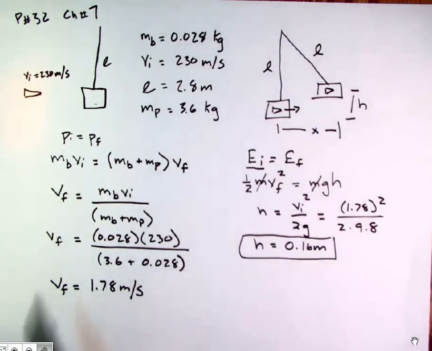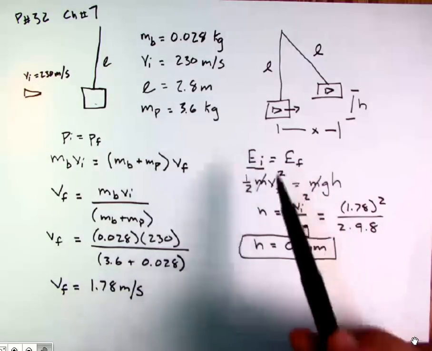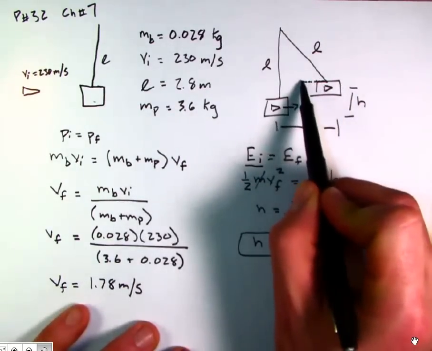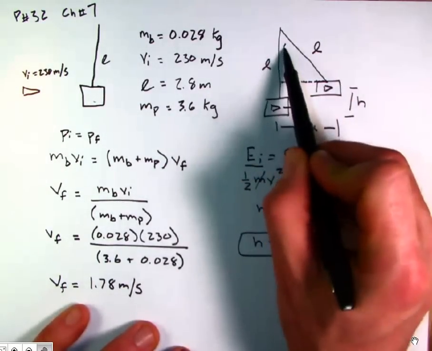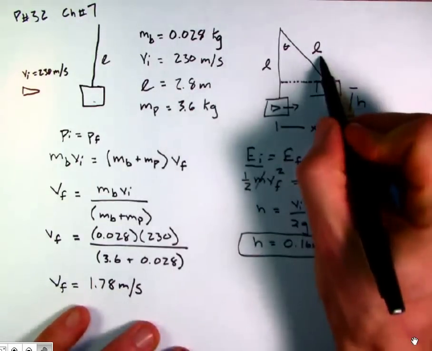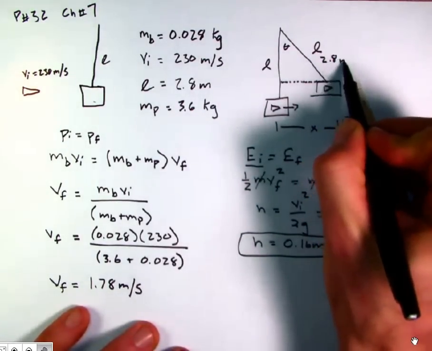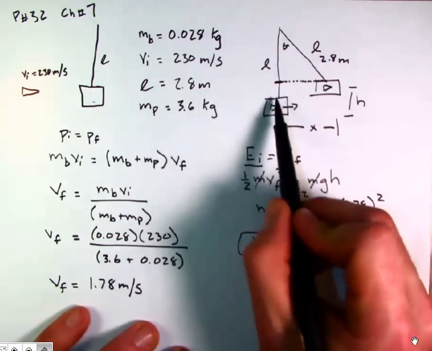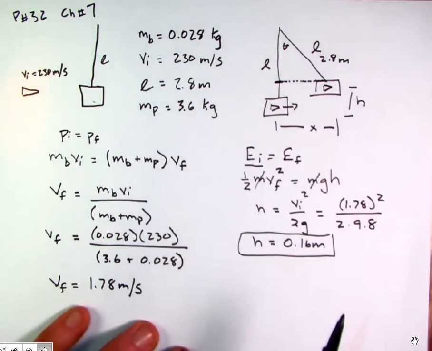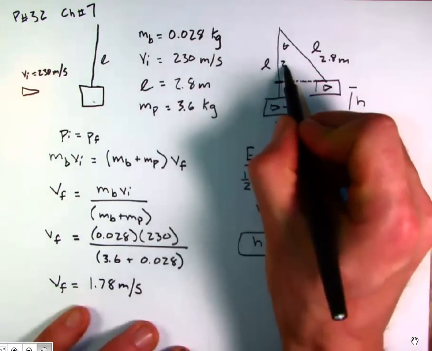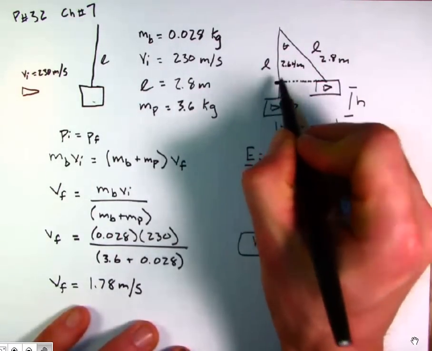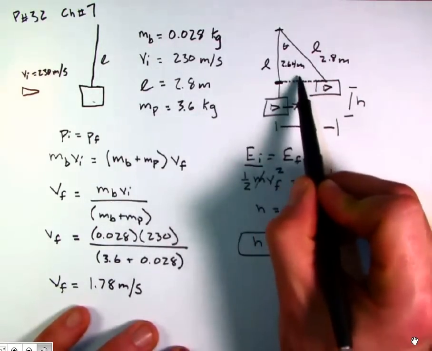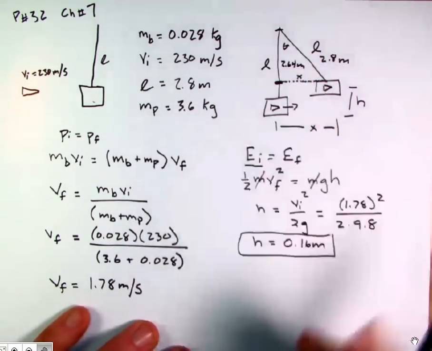Now, at this point, we've done conservation of momentum, we've done conservation of energy, and for our last trick, we are going to do some good old trigonometry. We know this is 2.8 meters, so this side would be 2.8 meters minus 0.16 meters, which is 2.64 meters. We want to know what this is, so we call this X, the horizontal displacement.